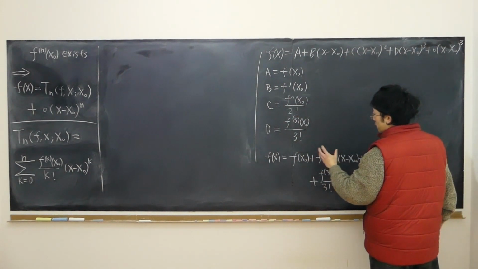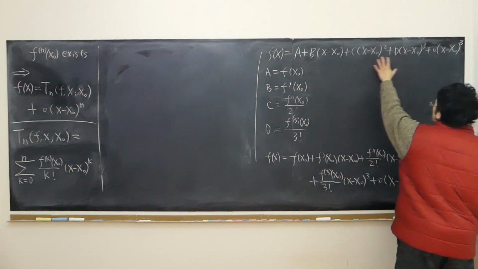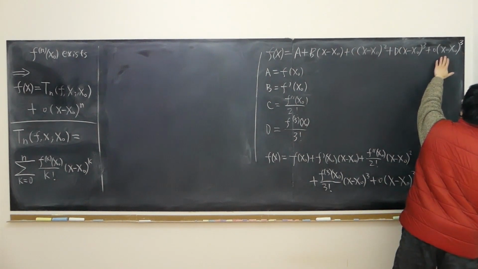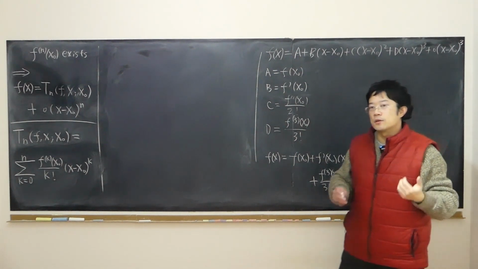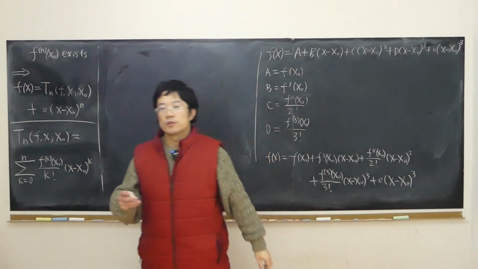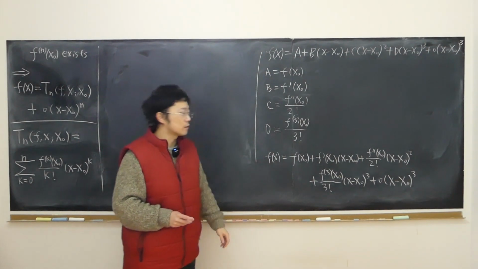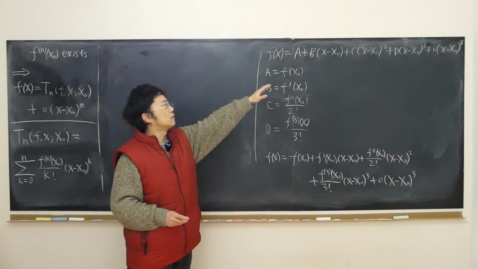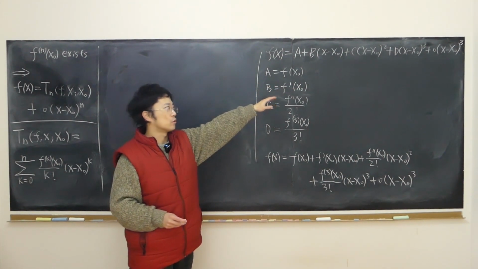But it is easily verifiable after we move all of these terms to the other side and divide everything by x minus x naught to the power of 3. Then we use L'Hopital's rule repetitively, probably 3 times, and we can easily verify that their difference is really little omicron of x minus x naught to the power of 3.